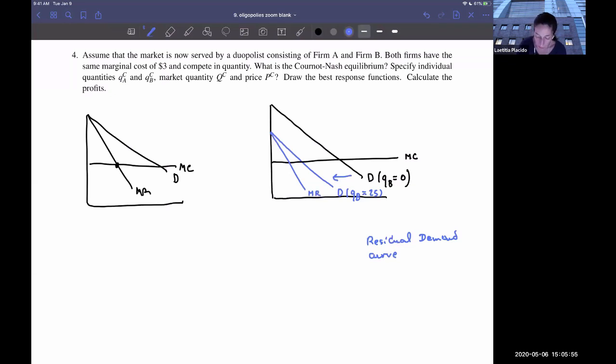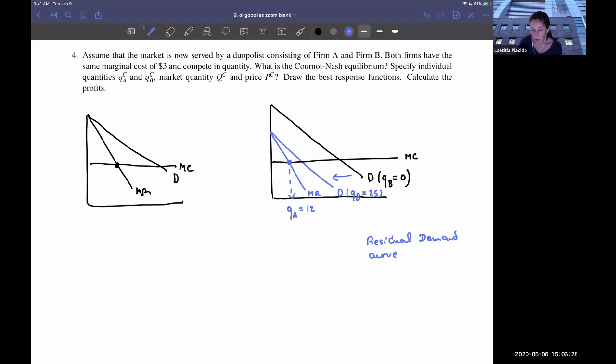So if firm B produces 25 units, I'm going to optimally react by producing where marginal revenue equals marginal cost. And so my best response to firm B producing 25 units will be producing a quantity QA of, let's say, 12 units. Okay, so that's the process followed by firm A.